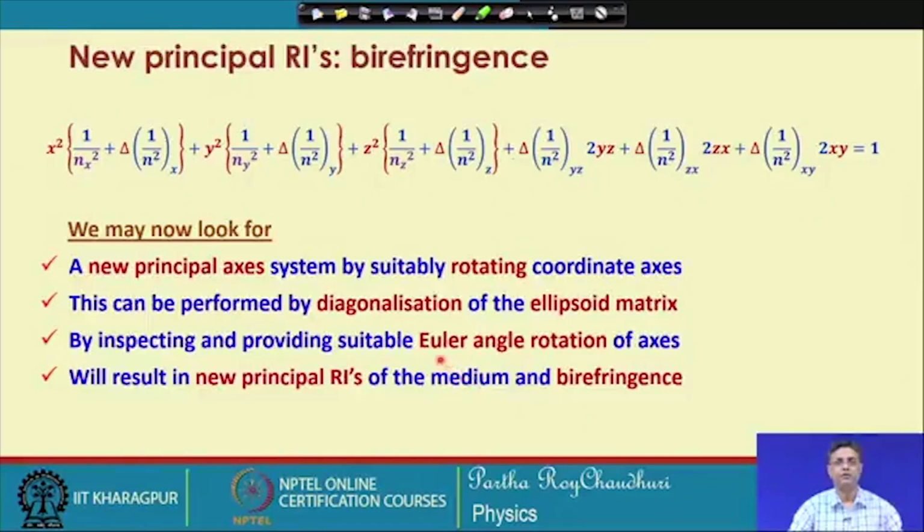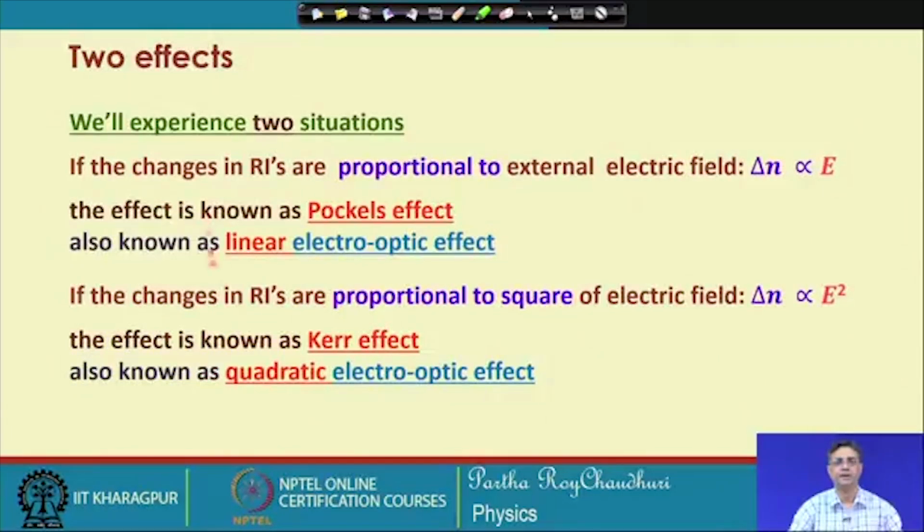Now, the effect of the external electric field can be categorized in two ways. We will experience two situations. If the changes in the refractive indices are linearly proportional to the external field, that is delta n is proportional to E, then such an effect is known as the Pockels effect, after the name of its discoverer. This is also known as the linear electro-optic effect, because the change is proportional to the electric field.